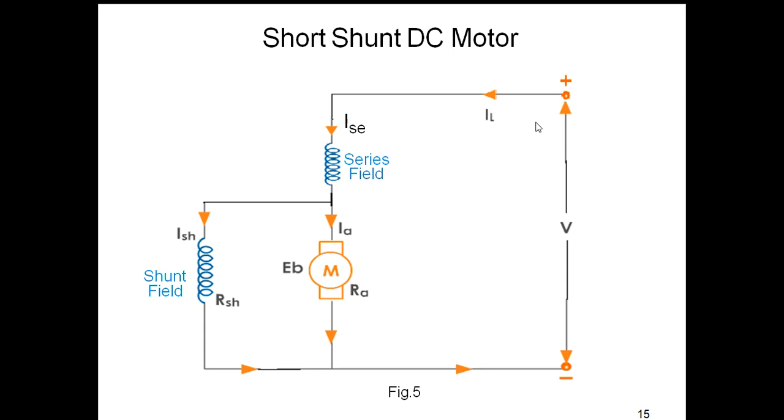So from this circuit we can write IL is equal to ISC, and ISC is equal to ISH plus IA.